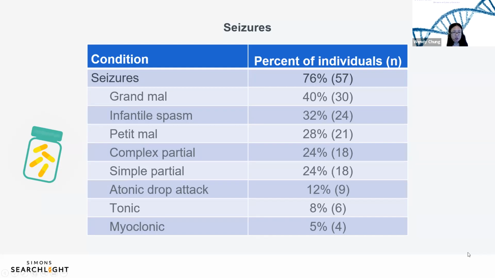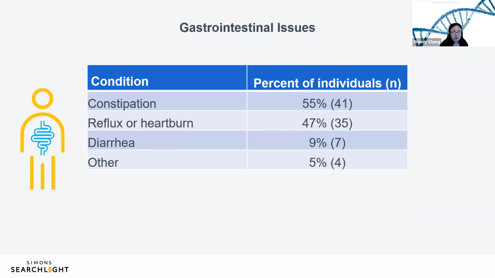Now, with these different types of seizures, many of them, I'll get to in a second, respond to medication, and I'll show you the list of medications. In addition, there can be some effects of the brain on the intestine. And so we know that there are brain connections through nerves that go to the muscle. There are also brain connections that go from the brain through the nerves to the stomach.